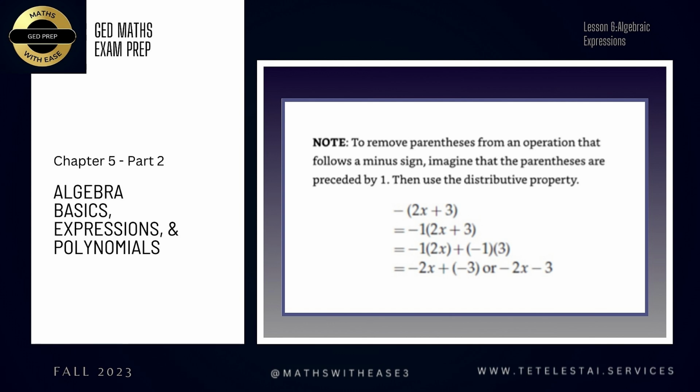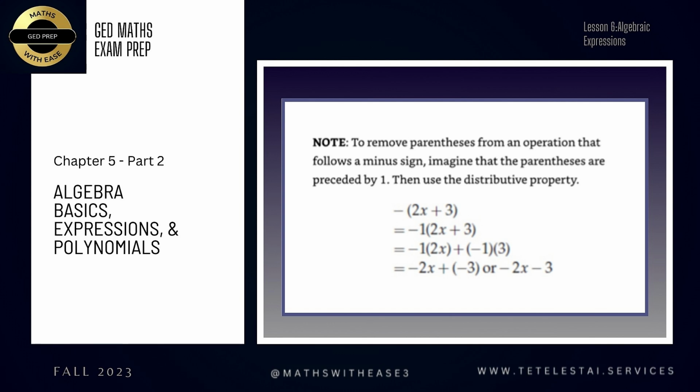Okay, and again, all we're doing is, if we go back to our lesson on multiplication, we know that when you see 2 things written next to each other, it immediately implies multiplication, right? In this case, we don't have a number, we don't have a variable, we just have a negative sign.